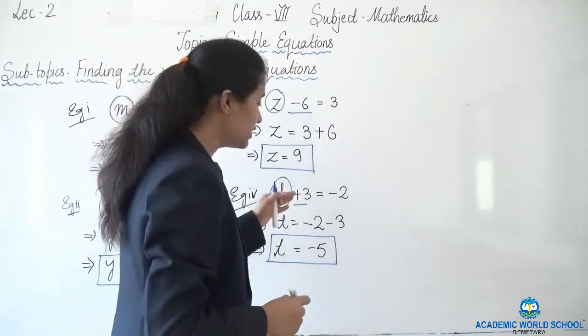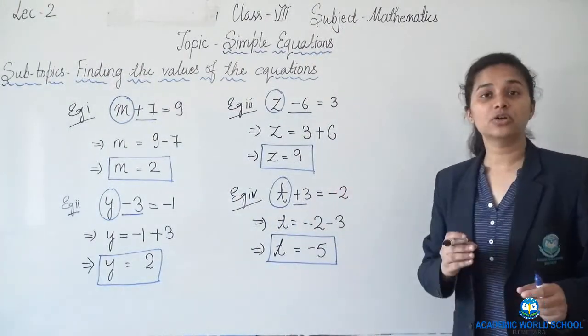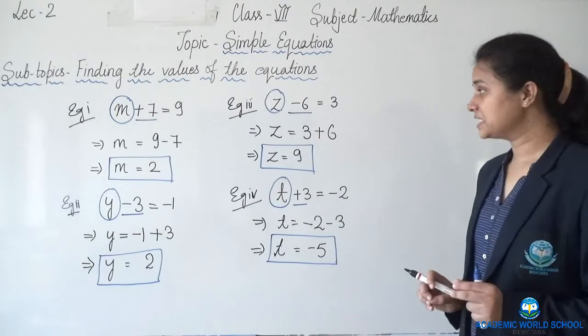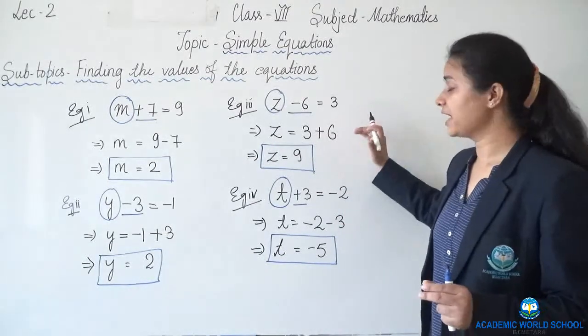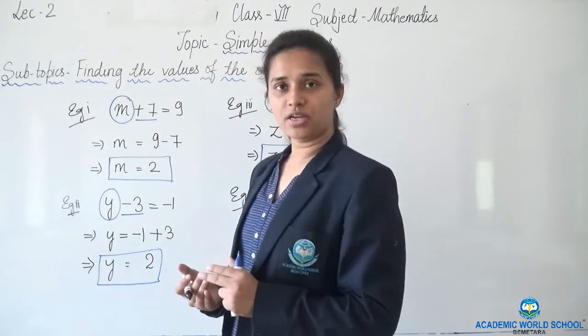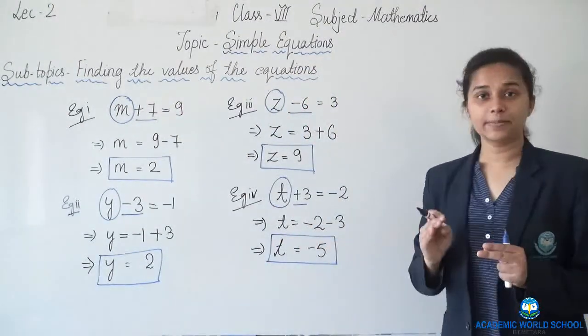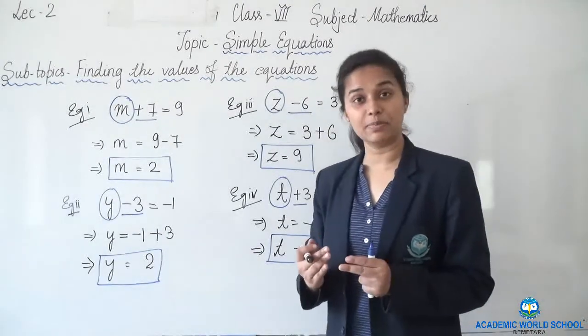So here, while solving an equation, we need to keep in mind to apply the laws of integers while getting the values. Now what we learned just now is when we have integers, when they are added or subtracted. Now what when they are multiplied?